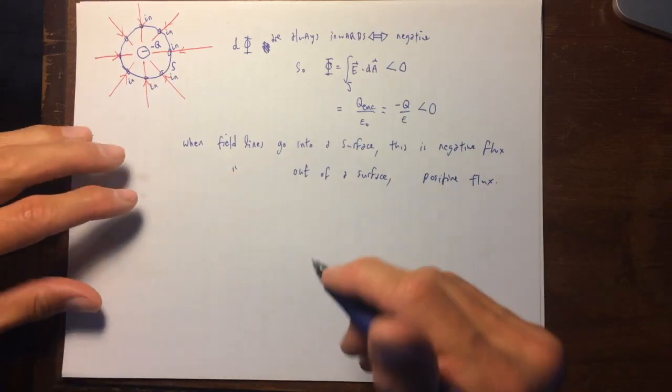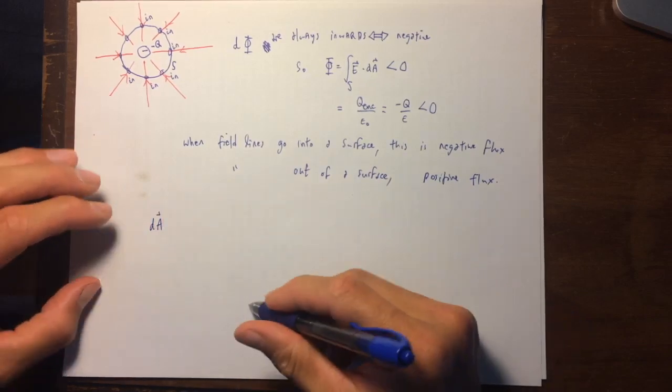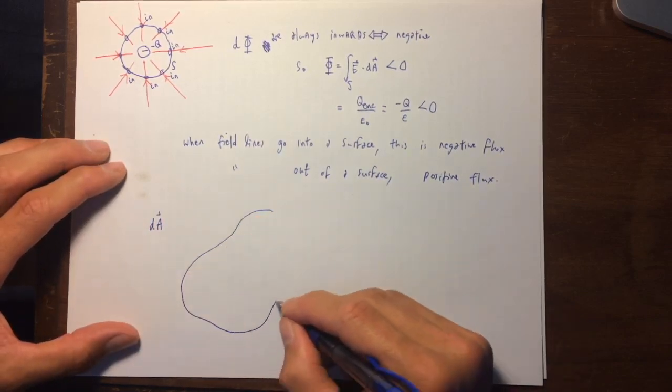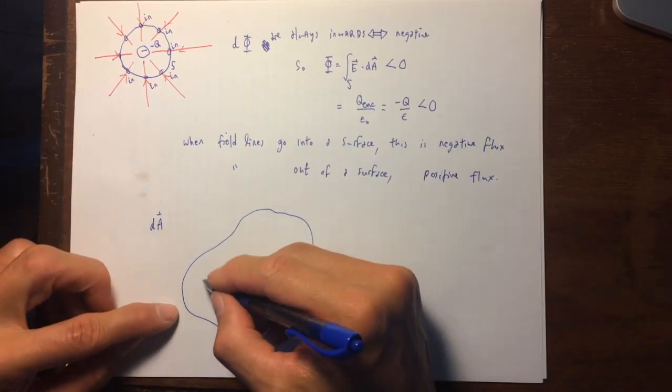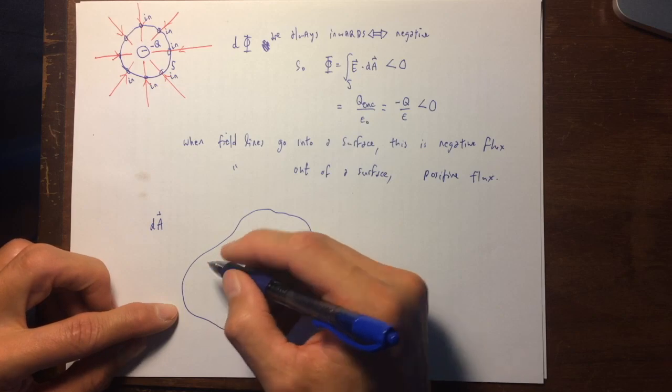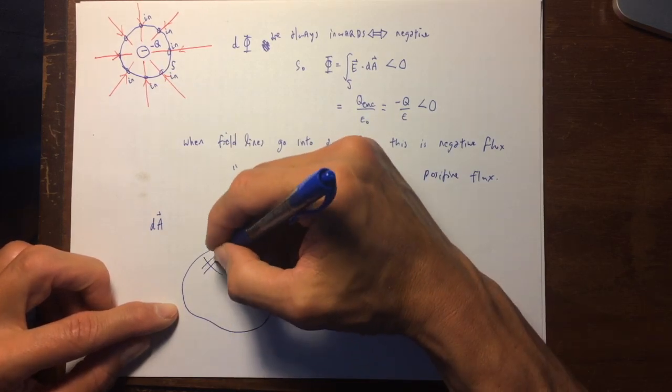So really quickly, dA. If I have a surface, let's study a small surface element.